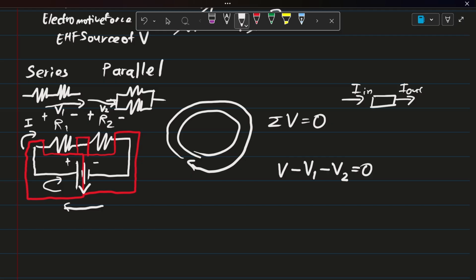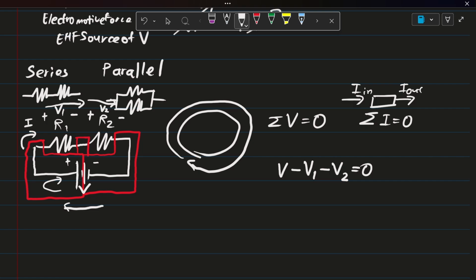This is the same as when you're dealing with fluids: the mass going in must equal the mass going out. So this is another property, in which the sum of the currents at a point must equal 0.